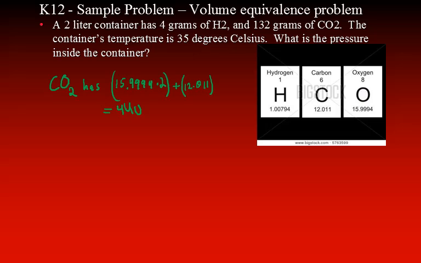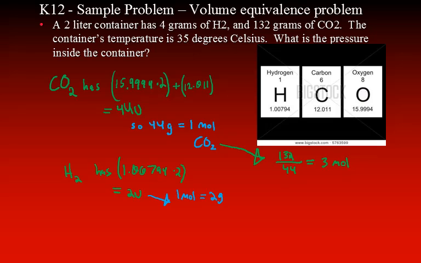Okay, so CO2 is 44 U, so 44 grams for 1 mole of it. H2 has 1.00794 times 2, so 2 U. So therefore, 1 mole of that gas has 2 grams. So we know we have 132 grams of CO2.